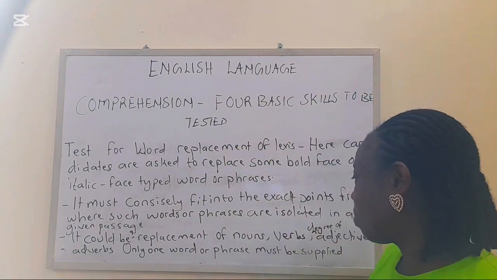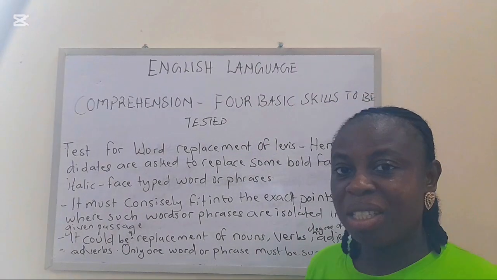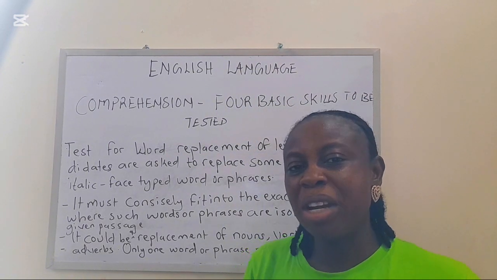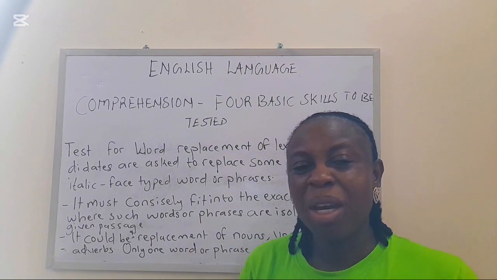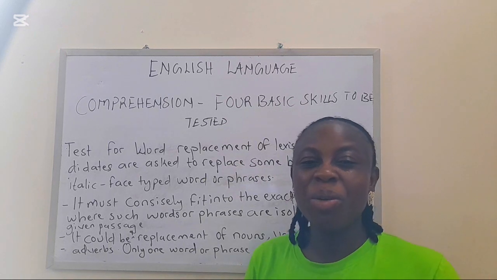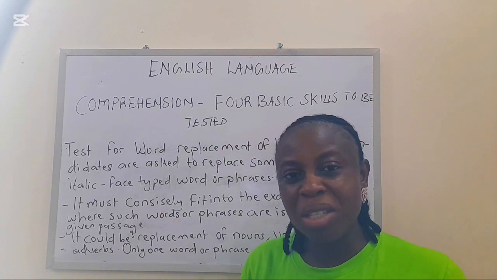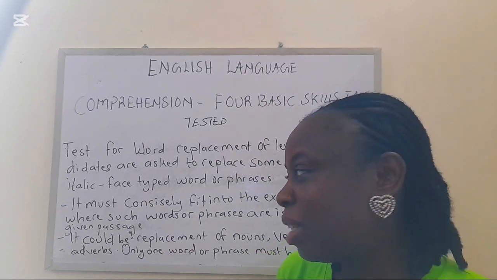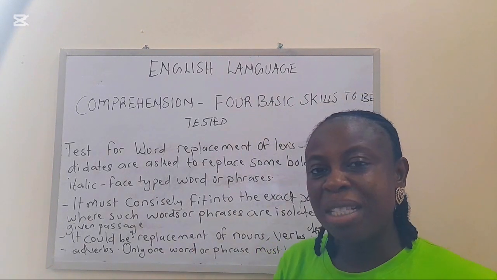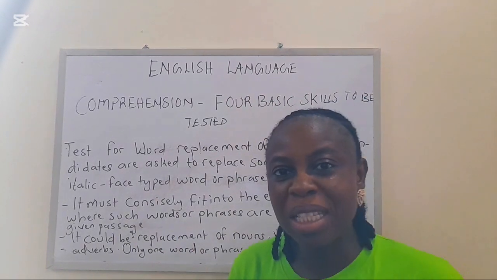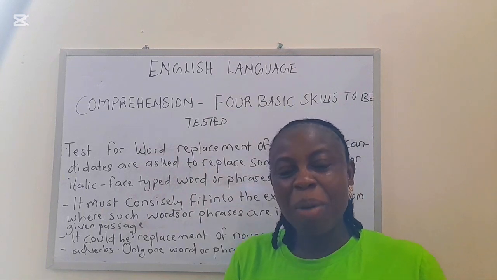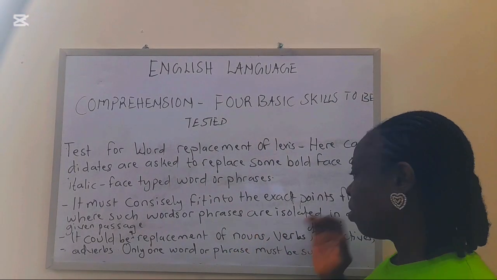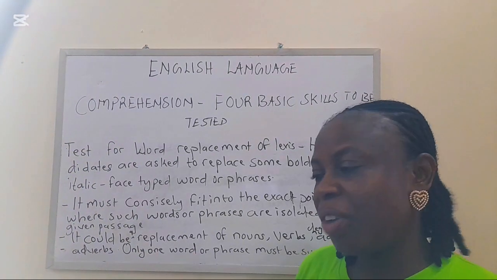Also, we could have replacement of degrees of adjectives. Of course, we know our adjectives. If you need more clarity on this, I have an explicit video on parts of speech, ranging from noun to verb and so on. So make sure what you are replacing fits the part of speech you are asked for, or a phrase, degree of adjectives or adverbs.